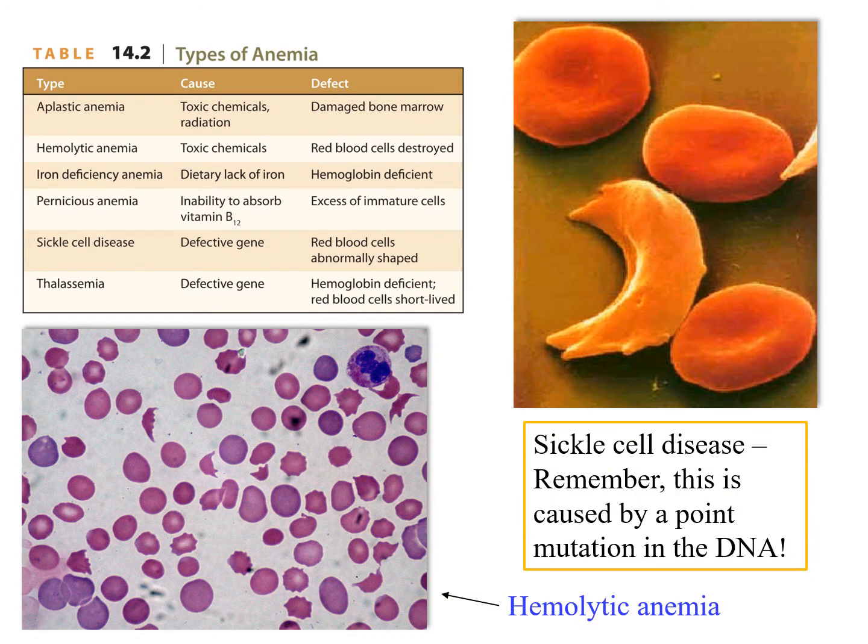Here's another photograph that's showing what's called hemolytic anemia. Remember, hemolysis is rupturing of red cells. We saw that when we added hypotonic solutions to red cells a couple weeks ago. This isn't due to being placed into a hypotonic solution, but is often due to cells being subjected to various nasty chemicals.